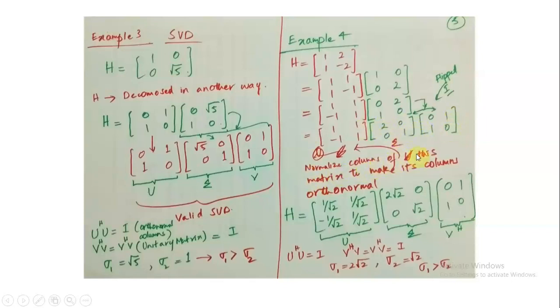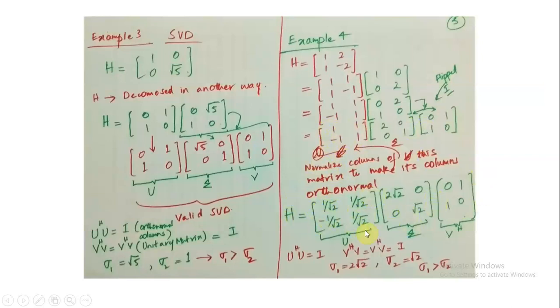Now you can normalize the columns of the matrix to make its columns orthonormal, because this is not orthonormal. To make it orthonormal, you can normalize it with the square root of 2. Square root of 2 is the square root of 1 squared plus minus 1 squared, that is equal to root 2. So if you divide the whole matrices with square root of 2, you will get this H as such.